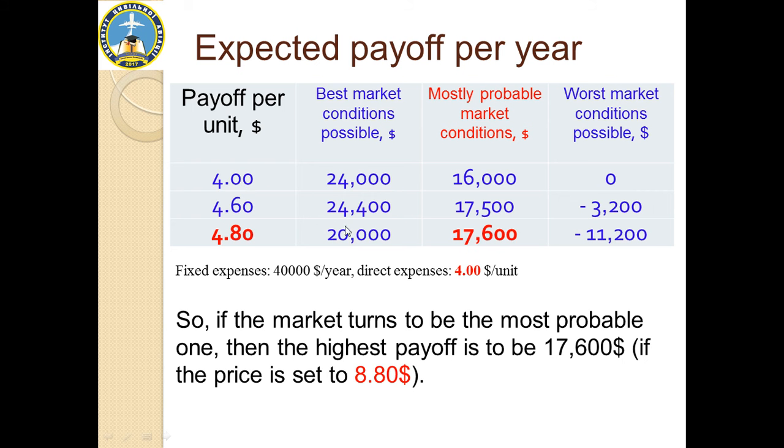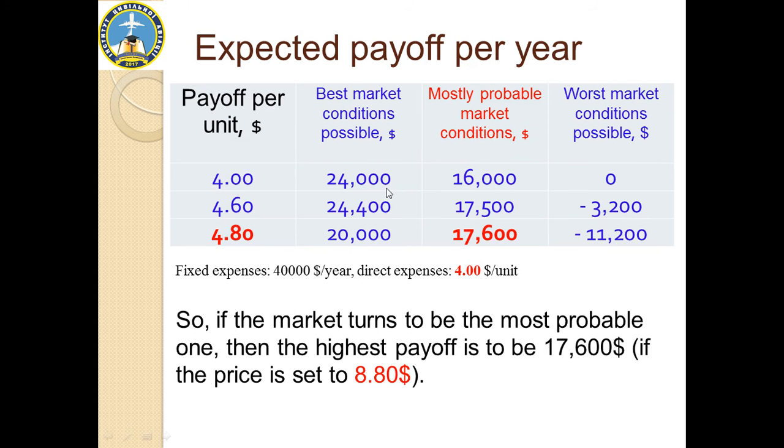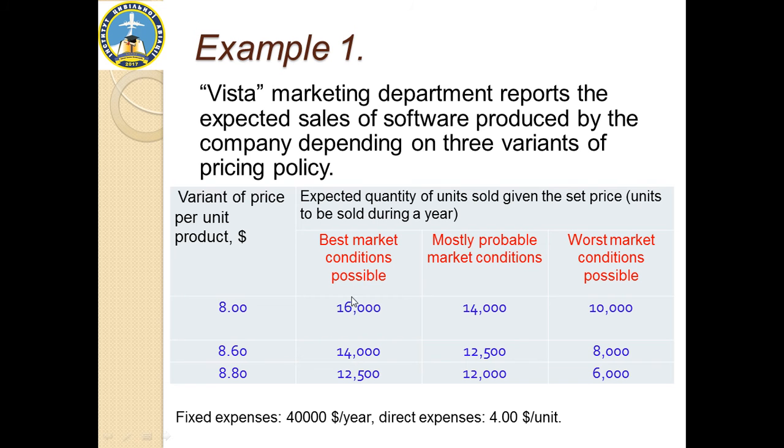So when you calculate the payoff at the price per unit, and this is the possible payoff by selling 16,000 units of this particular software, you just multiply it by the payoff per unit and subtract the direct expenses per year.